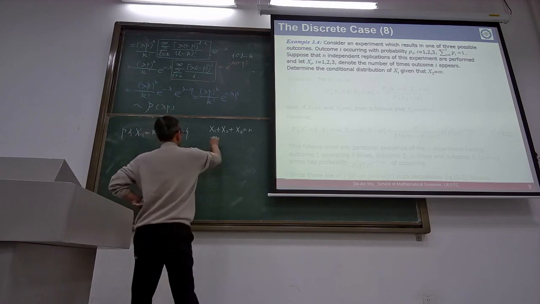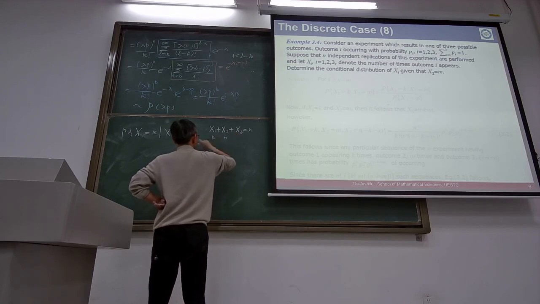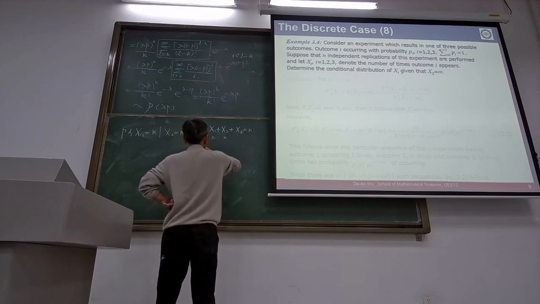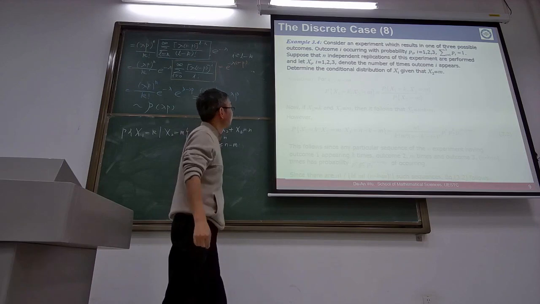So X1 is k, X2 is m, and X3 should be greater than or equal to 0, so k must be less than or equal to n minus m.